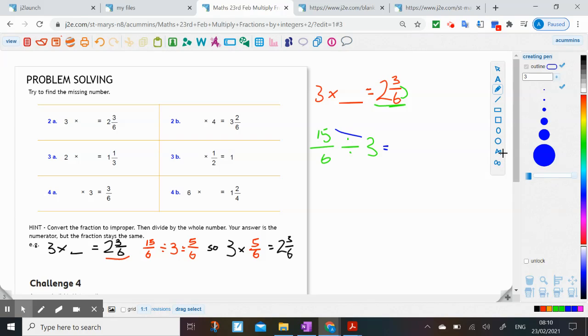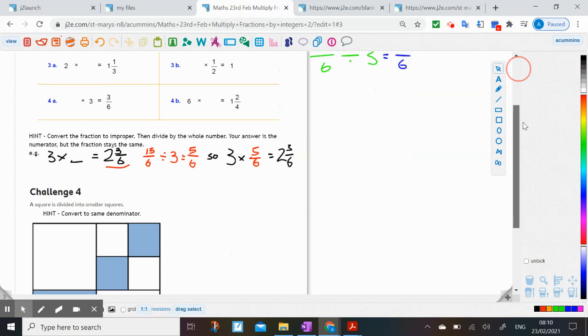We're just dividing the 15 by 3. 15 divided by 3, of course, is 5. And we stay in sixths. So that's the answer, because, of course, multiplication and division are the inverse of one another. So that's how you can solve those ones.